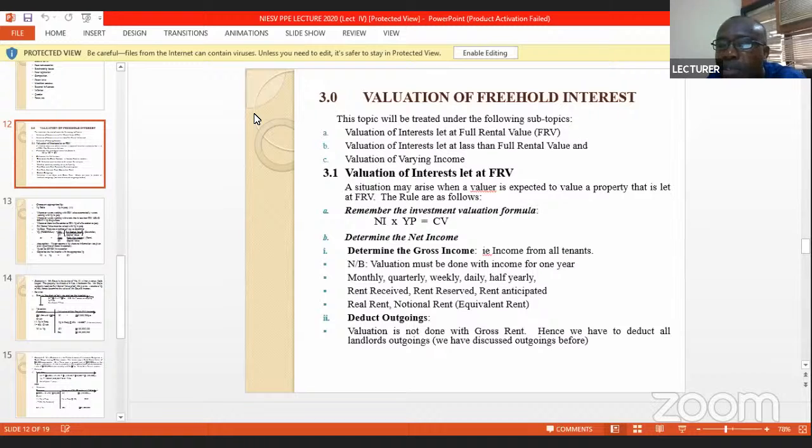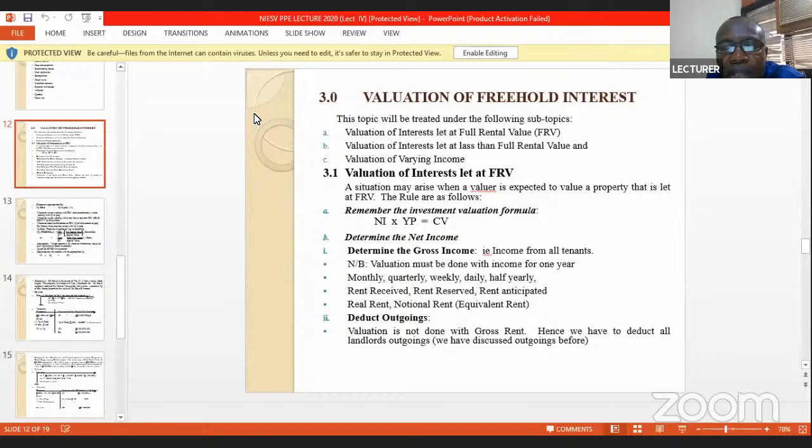The rent is real when it has been collected, but the rent is notional when it may not be possible to collect it. I have explained earlier that an owner-occupier does not pay rent, but it doesn't mean that you cannot use investment method to value his property. It's very important that you remember that.